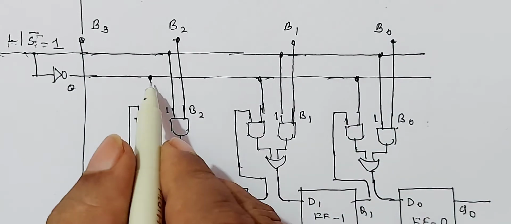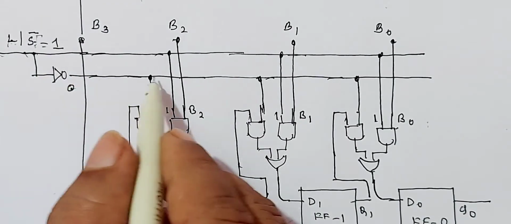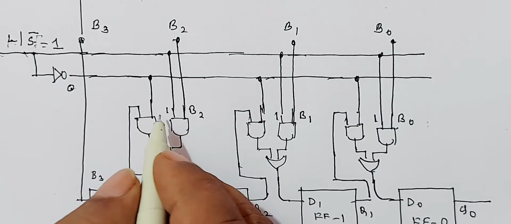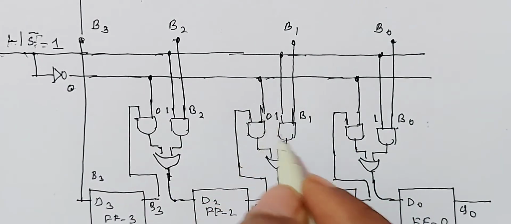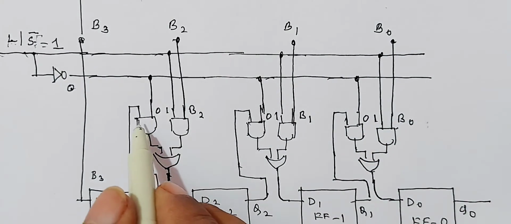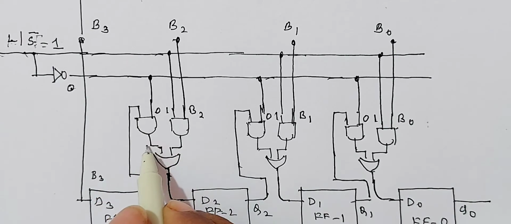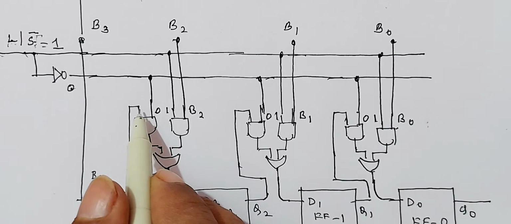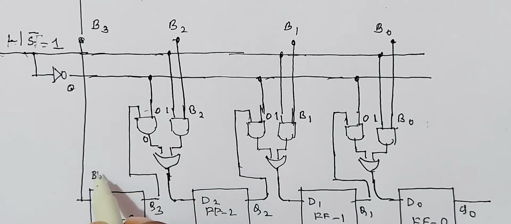This AND gate is connected to a NOT gate. That is, if this is 1, this is 0. Therefore, this is 0. Again, this line is 0. And we know that among the number of inputs of a NAND gate, if any one input is 0, the output is 0, because 0 into 1 is 0. Since this is 0, the output of this AND gate is 0.